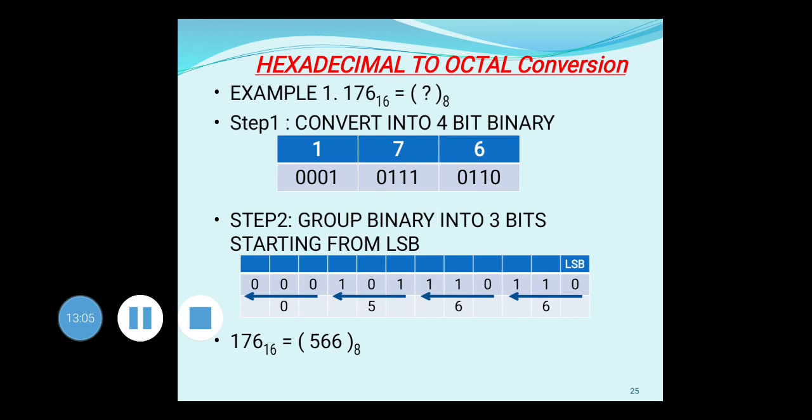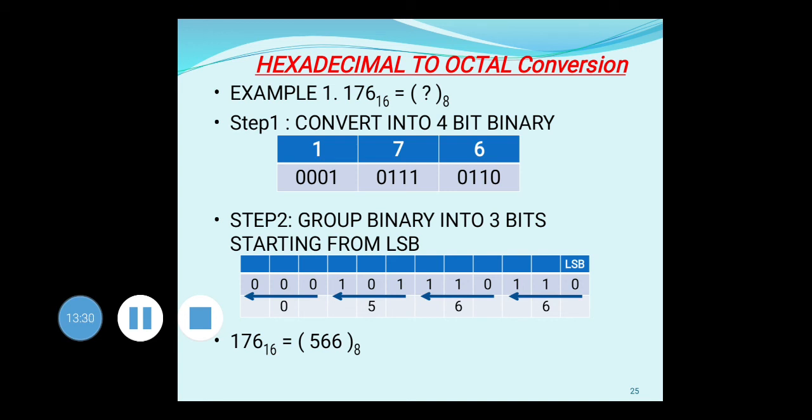So here the hexadecimal number given is 176. Now if you understand, the hexadecimal number has only an integer part, there is no fractional part. So step 1, 176 has to be represented in 4-bit binary because it is hexadecimal. Every digit is represented by 4-bit binary.